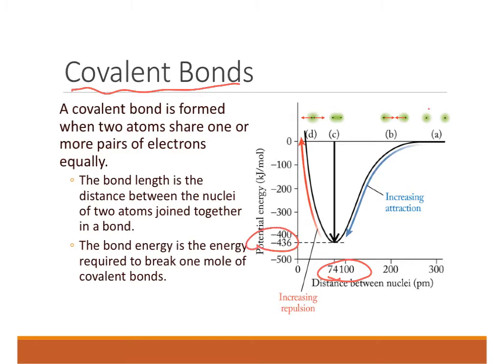A covalent bond has two neutral atoms that approach each other rather than fully developed ions, but it is still an electrostatic attraction, again, between the valence electrons of one of the atoms and the nucleus of the other. So again, same thing. You can predict the bond length and the bond strength by looking at these.